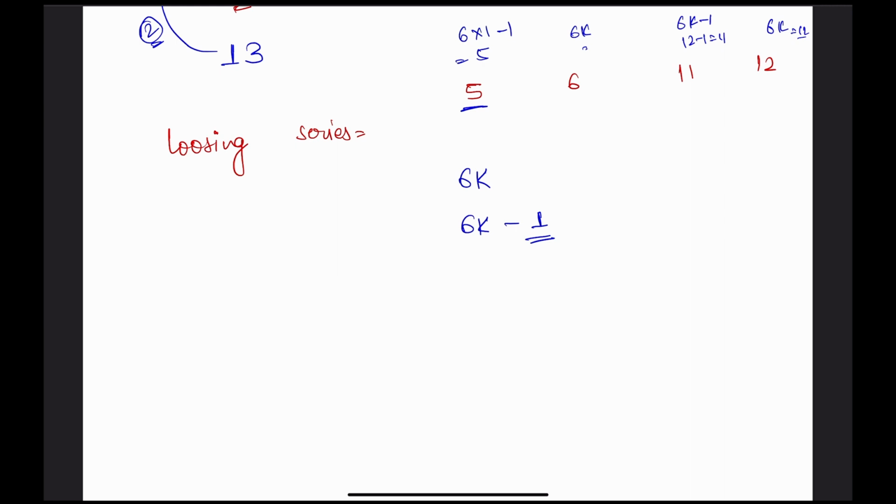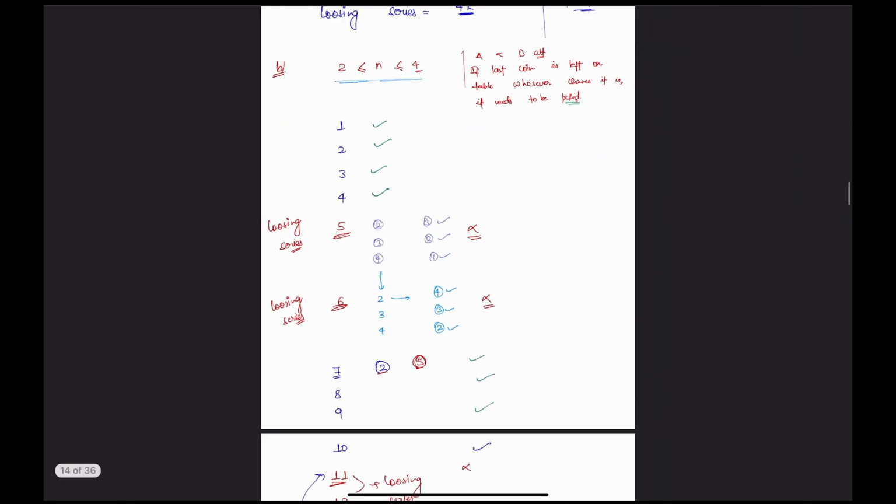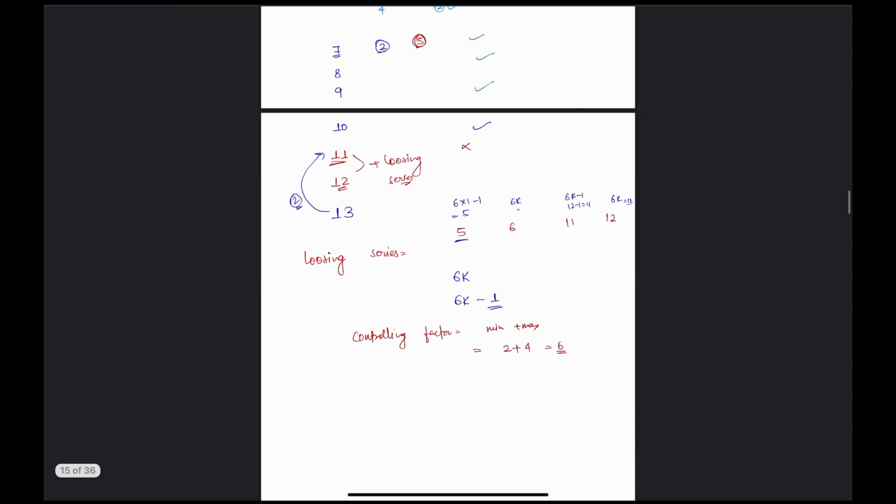So again, if you notice nicely, we will find that the controlling factor is controlling the situation over here. The controlling factor is nothing but minimum plus maximum, 2 plus 4, that is nothing but 6. So similarly, 4 plus 2 is 6 or 2 plus 4 is 6.